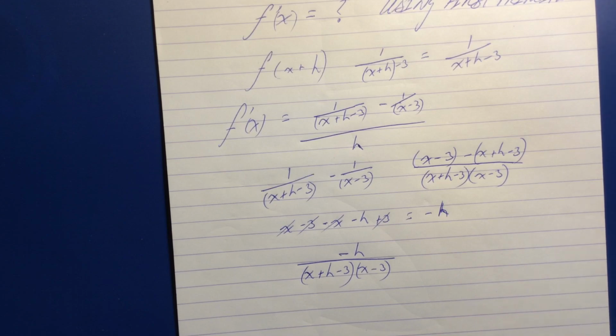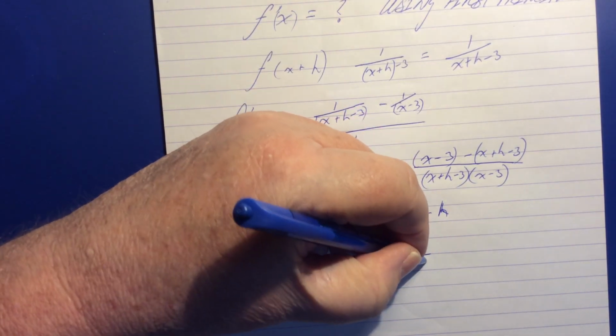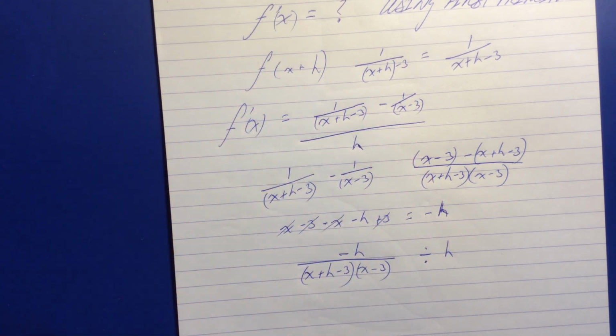So our biggest problem is this now. How are we going to deal with this? We really don't want this up here. I thought a little while about this and I came up with this. I'm going to divide the whole thing by h.